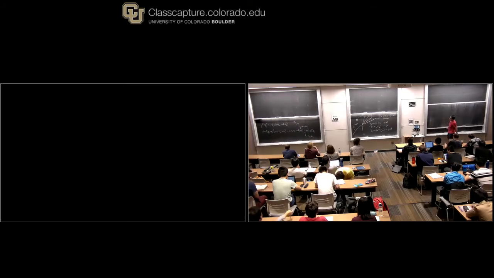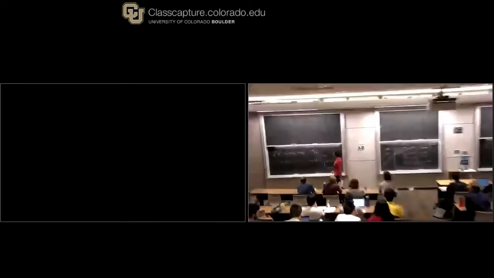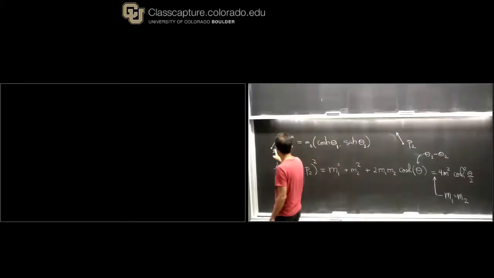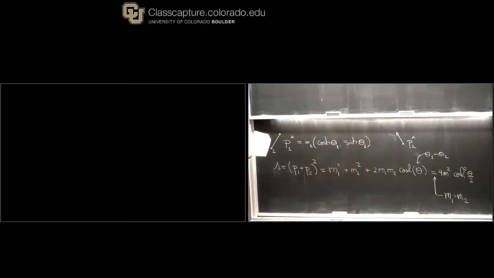So let me remind you of two of the things that we saw last time. One was that we have two particles colliding one against each other, like P1 and P2. As we said, we are in 2 dimensions, so P1 is moving to the right, P2 to the left. They will meet and scatter.